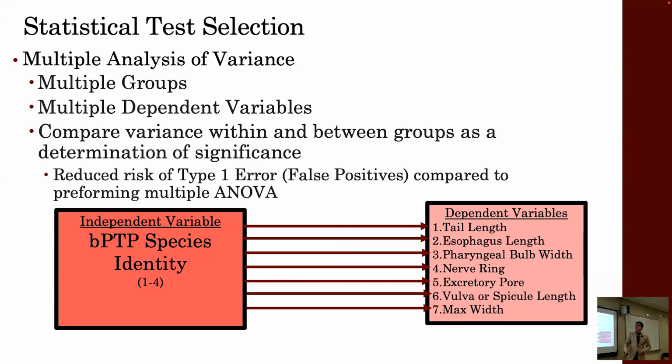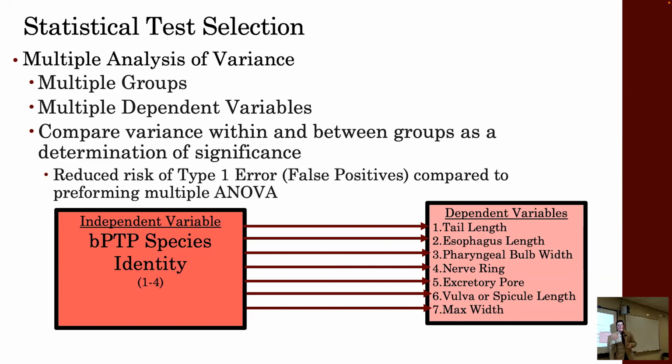In doing that, I had multiple variables that I had measured as well as multiple groups, so I had to figure out what statistics I was going to use. Dr. Reeve helped me with this. I've embarrassed him. Very grateful to him as well. I went with a MANOVA because it's capable of differentiating between multiple groups with multiple dependent variables, and it's going to compare the variance within the groups to the variance between the groups.